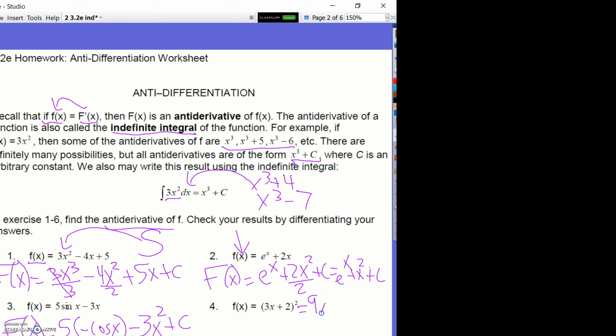So it's going to be 9x squared plus 12x plus 4. Oops, that's supposed to be a 4. So what came before that function? 9x squared becomes cubed, divide by the new exponent, plus 12, it was x to the first, now it's x squared, divide by the new exponent.